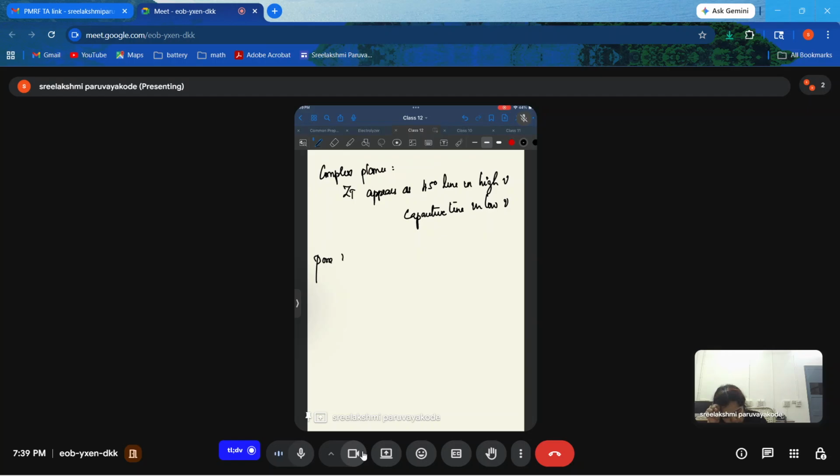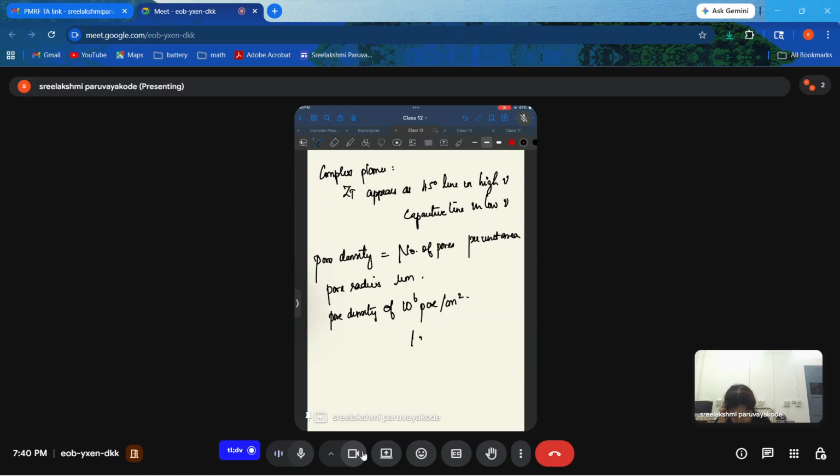Now there are some other terms you should know. Pore density, which is the number of pores per unit area. So you know the pore radius unit will be in micrometer. It's the pore radius and a pore density of 10 to the power 6 pores per centimeter square. 1 micrometer is 10 to the minus 4 centimeter.